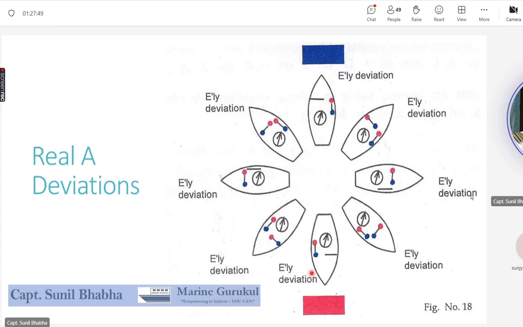The inducing field in this direction is in the north-south orientation, and this outward ship beam is in the east-west orientation. The vessel is heading north, so the beam is in east-west orientation. So this beam is at right angles to the inducing field or the magnetic field of the Earth. Now being at right angles, no induction happens. No magnetic field induction happens here, and the outward ship beam does not acquire any magnetism. There are no poles which are generated.